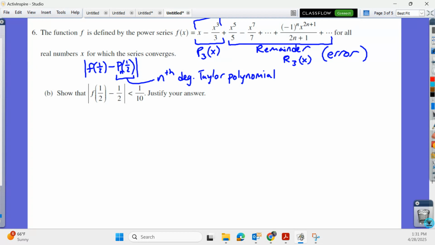And then the error is the rest of the terms, the infinitely many remaining terms, right? And it seems crazy to use just 2 terms and then call the other infinitely many an error. But those terms get small fast. So the first terms are the biggest ones. So it actually does work pretty well.